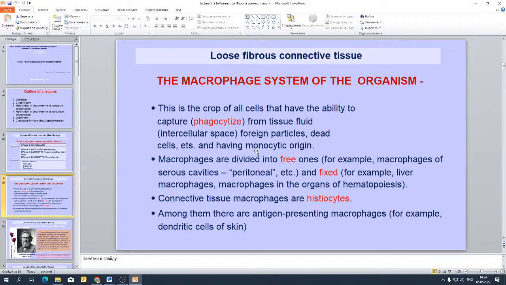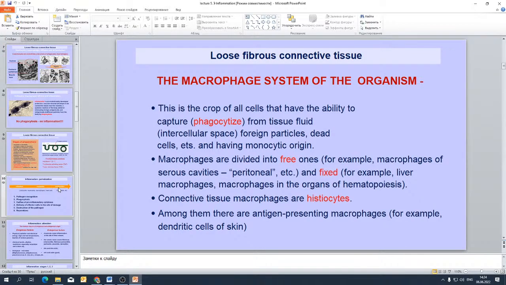Macrophages are divided into three groups. For example, macrophages of serous cavities, peritoneal, etc., and fixed ones, for example liver macrophages, macrophages in the organs of hematopoiesis. And connective tissue macrophages are histiocytes. Among them there are antigen-presenting macrophages, for example dendritic cells of the skin.